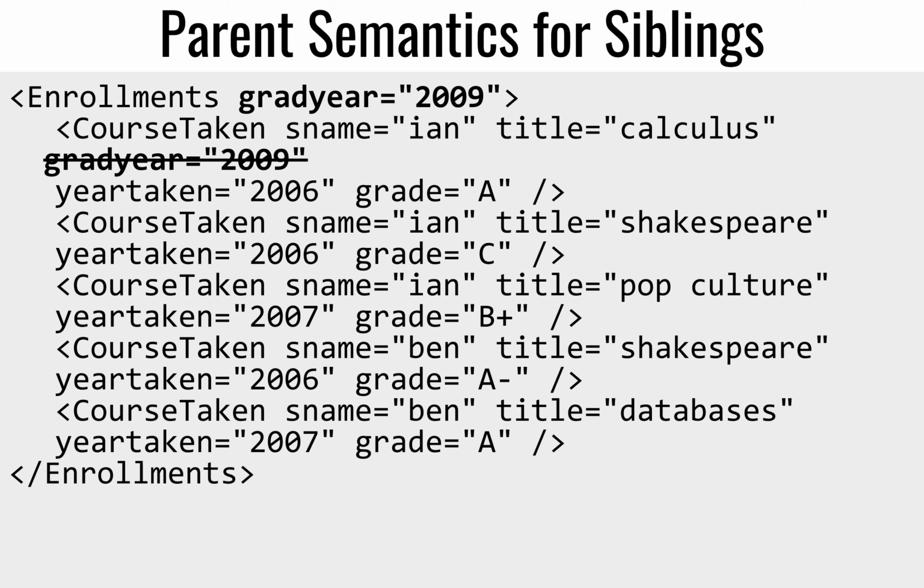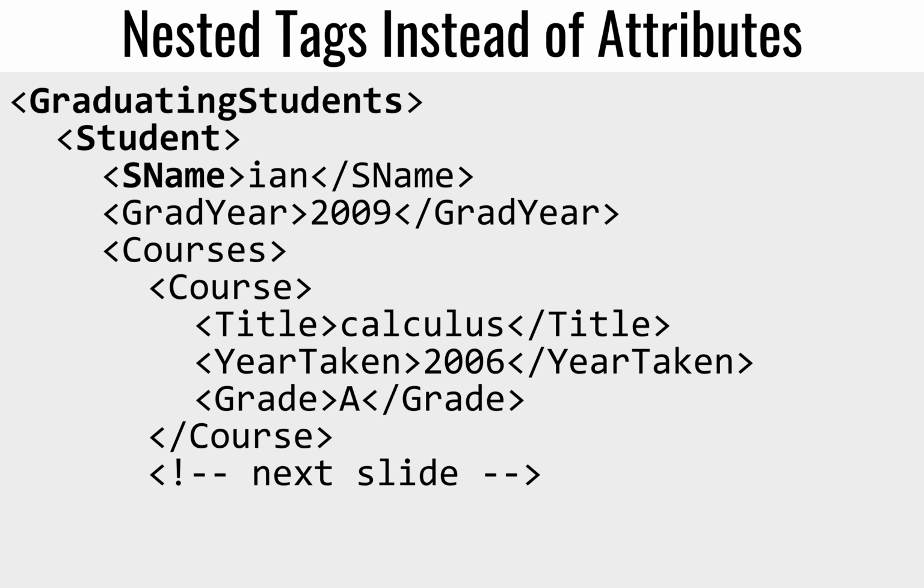Notice that the data here, whether it's the grade that you got or the year taken, is very short information, like a number such as 2007 or B+. You could decide to capture it as an attribute, like we did here, or as an element, like graduation year 2009.